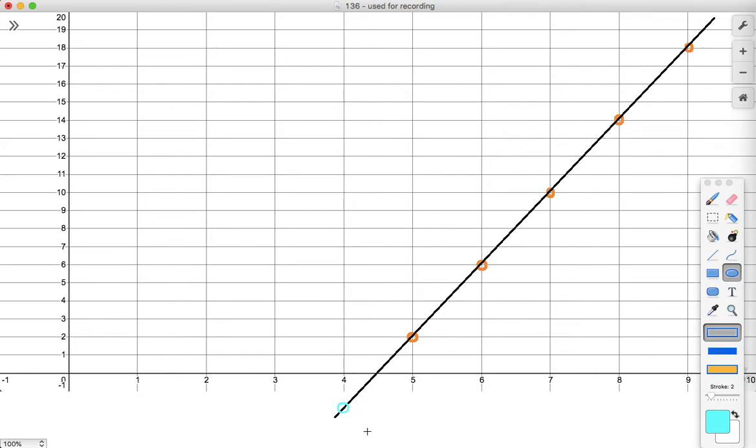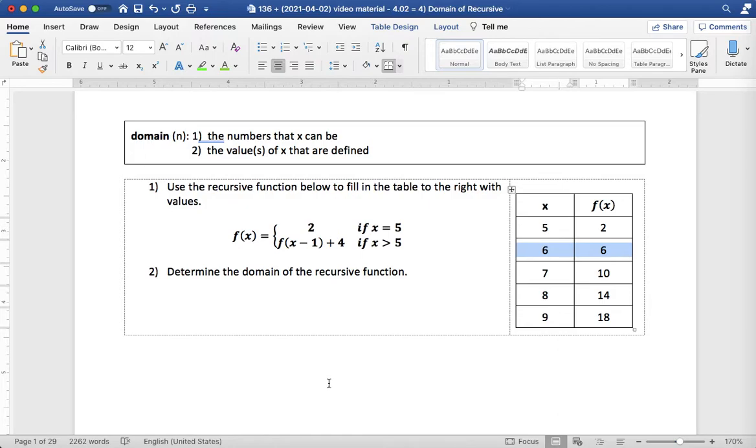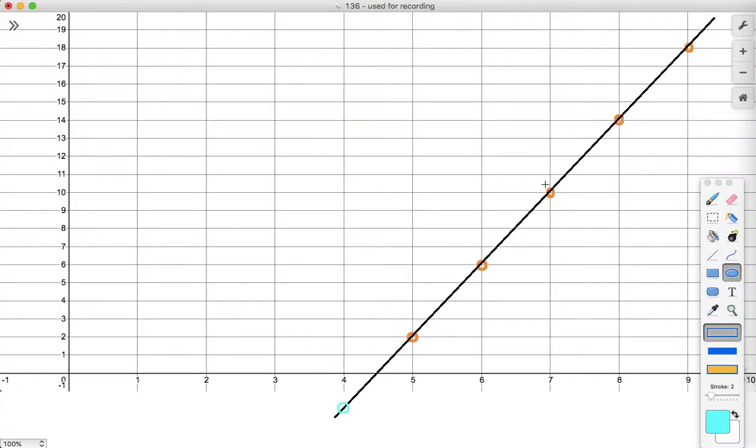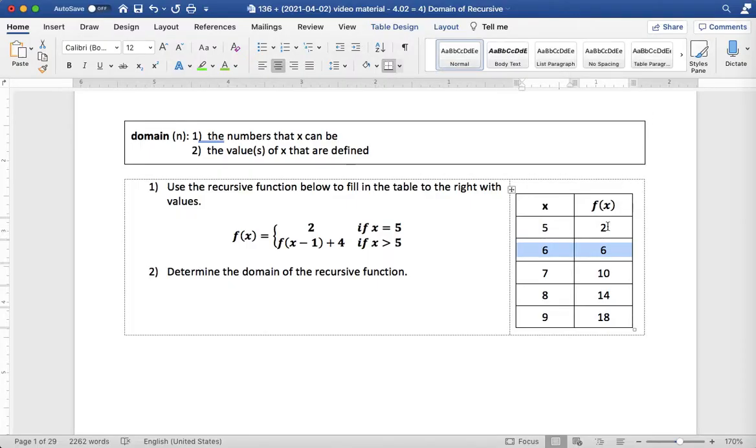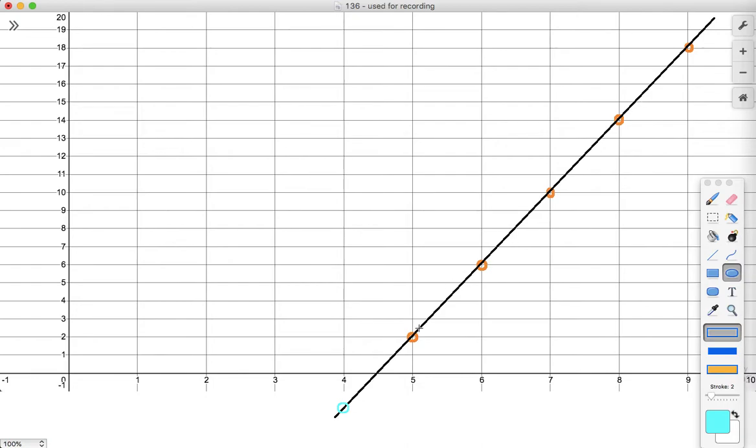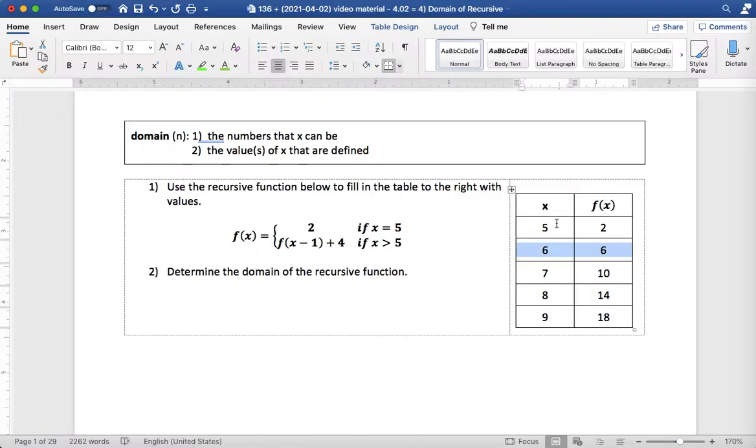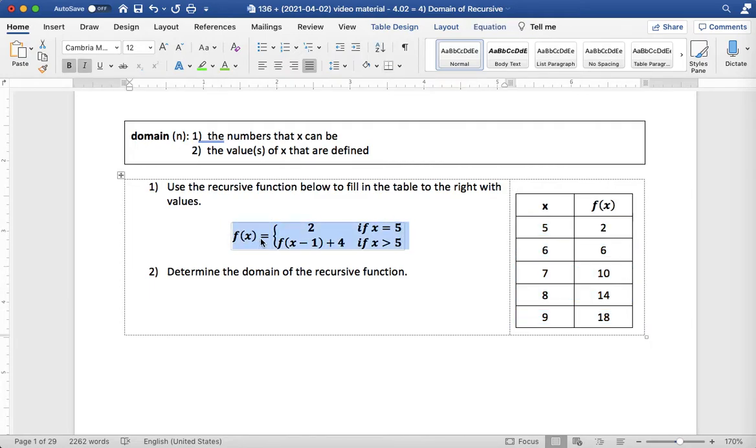But the problem with that is that this black line is not my graph. My graph is these orange circles right here. I know when x equals 5, y equals 2. I know these points because they are defined by this recursive function.